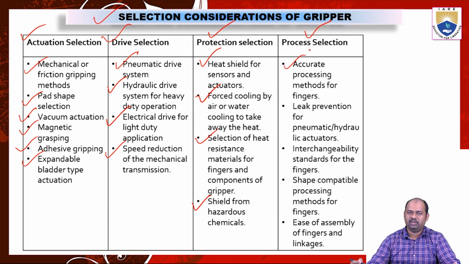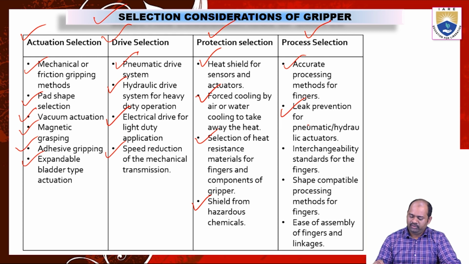So what kind of process is being used for operating the fingers? That method has to be taken into consideration. Leak prevention for pneumatic or hydraulic actuators. While we are using pneumatic or hydraulic actuators, we need some kind of mechanism where in pneumatic compressors, we will use a compressor which can store the air at a high pressure in a tank.